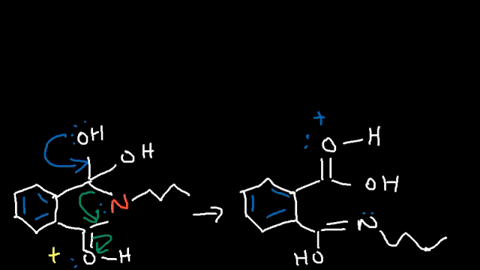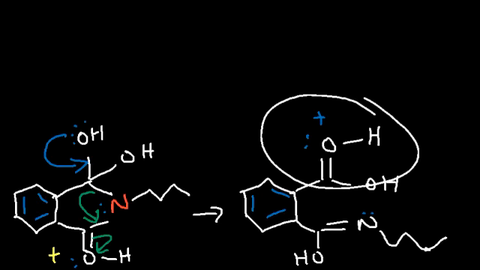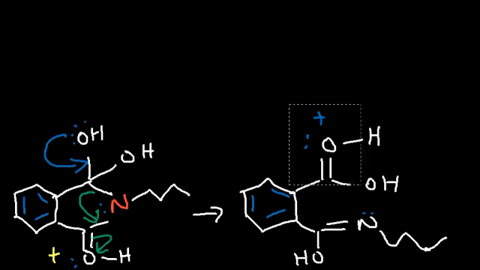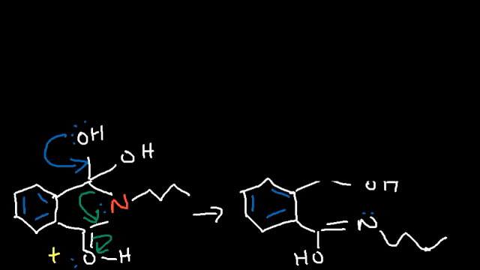Now what I'm going to do at this point is flip this group with this group. So let's put the hydroxyl group on top and the carbonyl group towards the right.